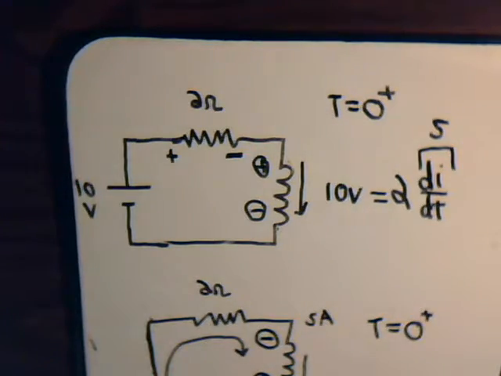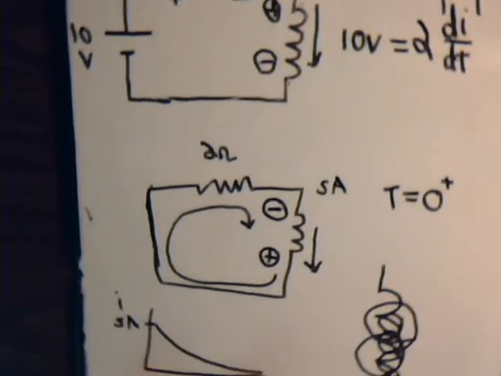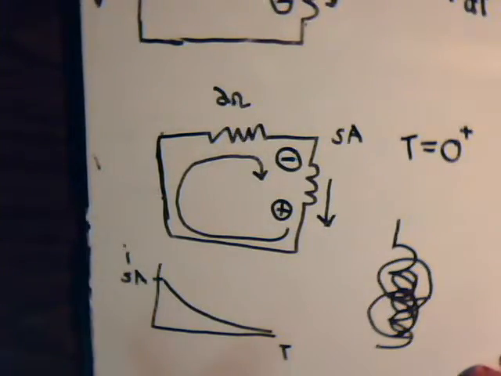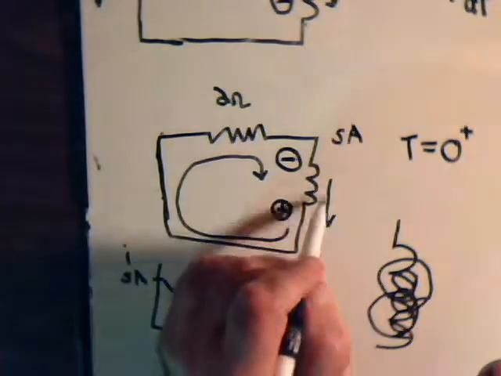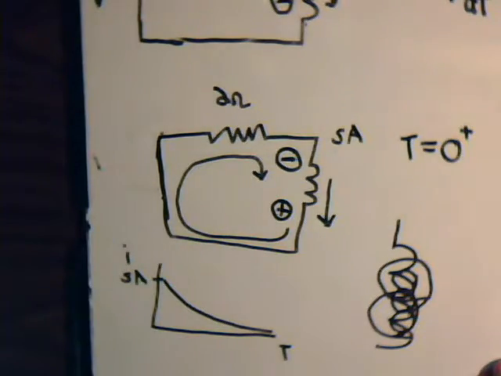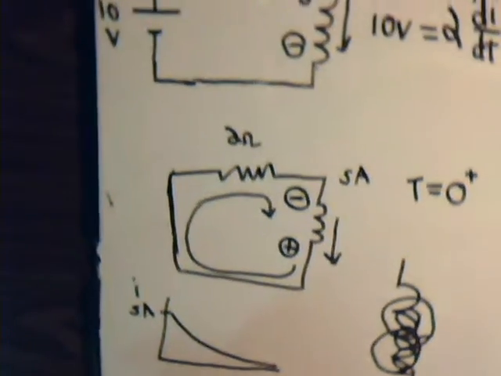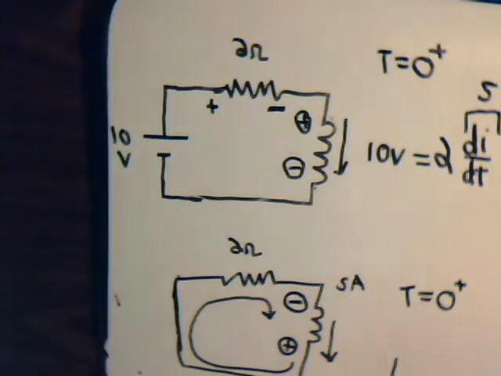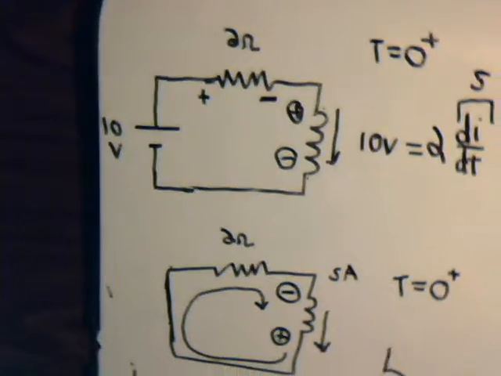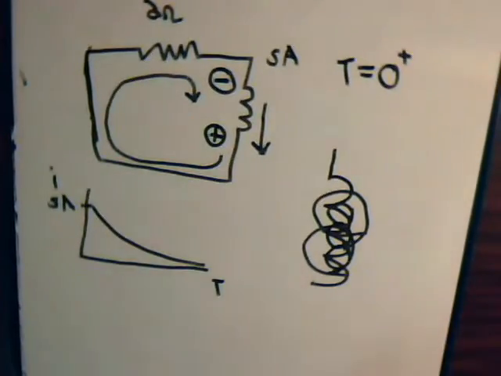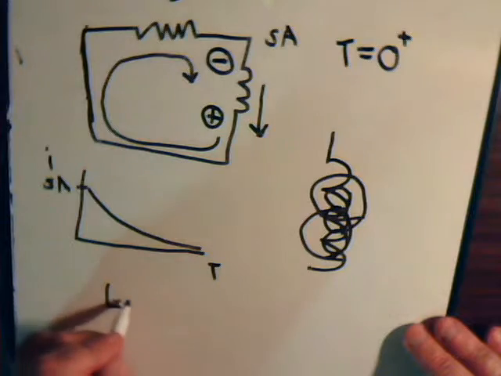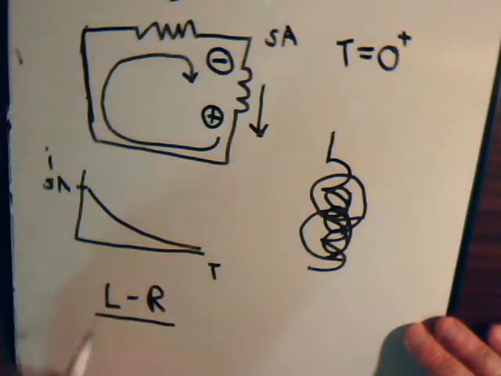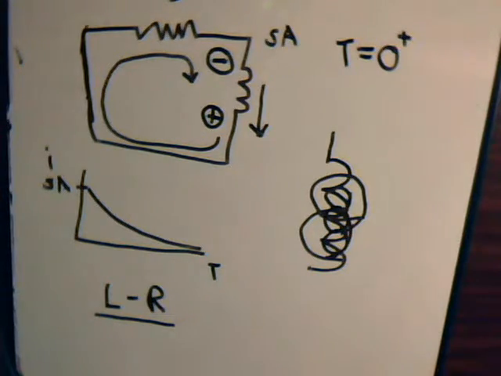So for the decay current, or what they'll call in the textbooks the decay transient current, the direction of it through the coil is the same as what it was when we had it hooked up to a voltage source. We want to point that out now because we're going to use that fact in future videos when we discuss inductor resistance circuits in more analytic detail.